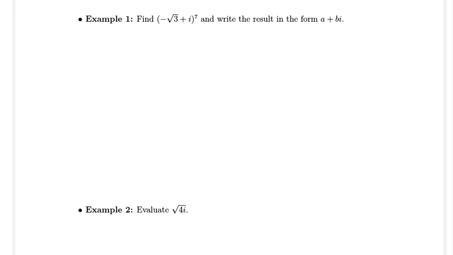So we're being asked here to raise this complex number to the 7th power. What we're going to do first is put it into its polar form. What we remember is that if we have a plus bi, then we can write that in this polar form here, and the relationship is that r is the square root of a squared plus b squared.